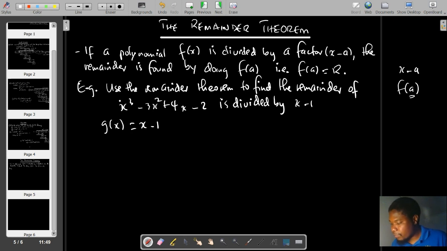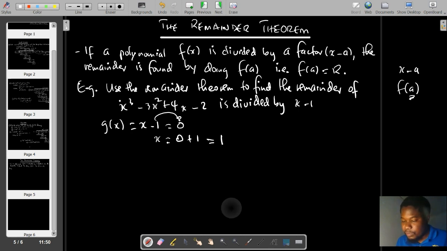How did they arrive at positive a? It's simple. Equate the divisor that you're given to 0 and then make x the subject of the formula. You end up getting x is equal to 0 plus 1 when you take the negative 1 to the other side. Then you end up getting x is equal to 1.